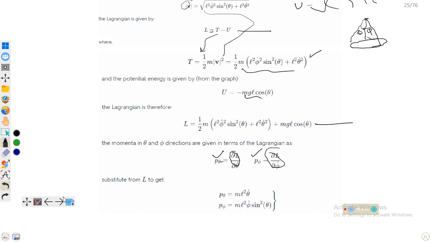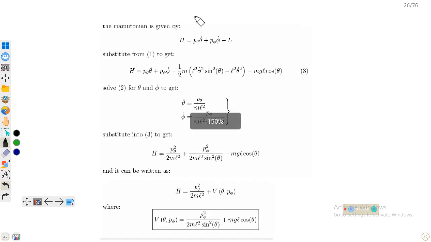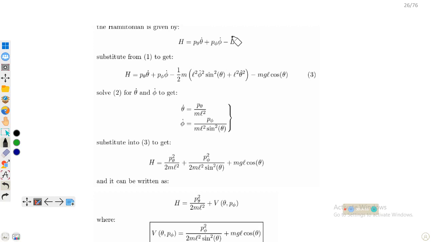Then we can write the Hamiltonian. We know that the Hamiltonian can be found as the sum of p q dot minus L. Because the sum runs over the total number of generalized coordinates, H is equal to p theta theta dot plus p phi phi dot minus L. We already found the Lagrangian.